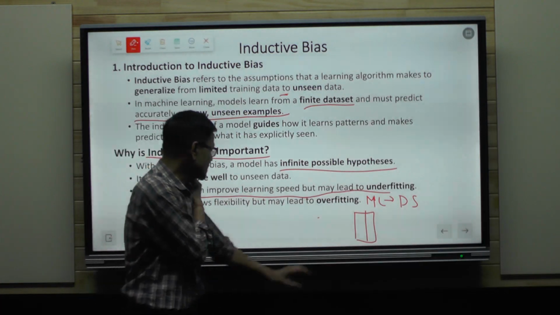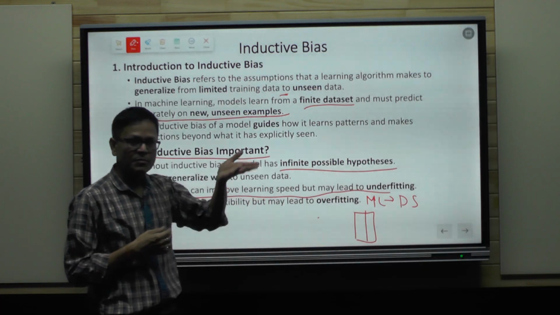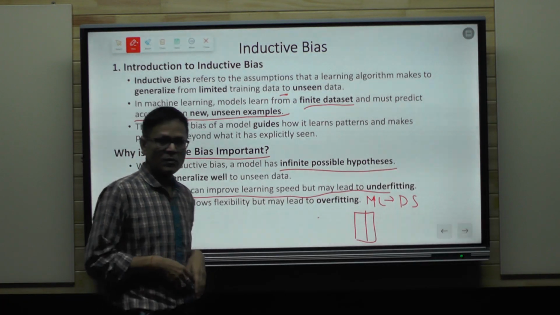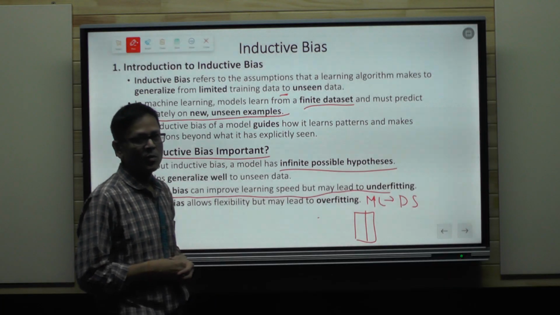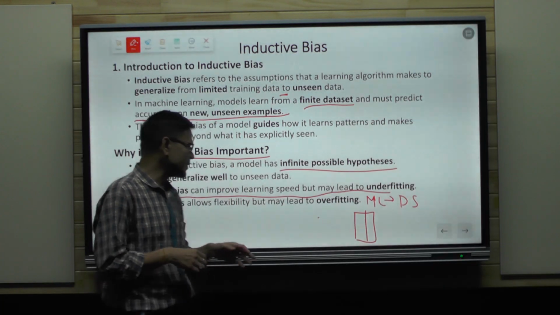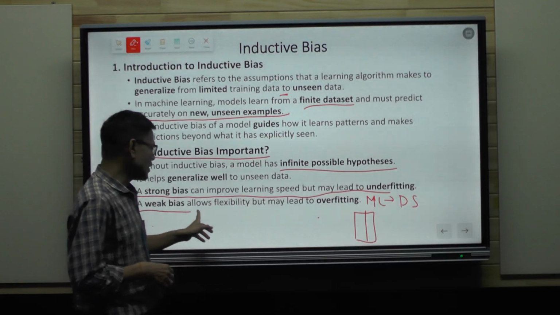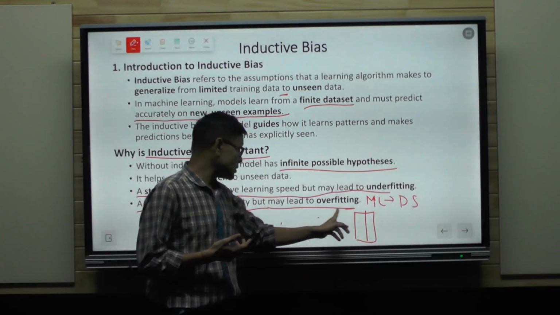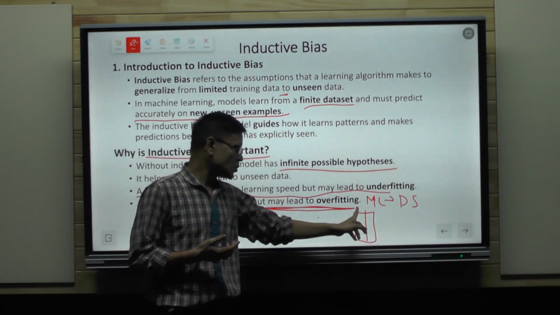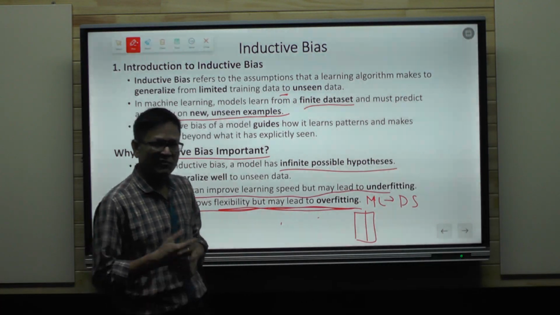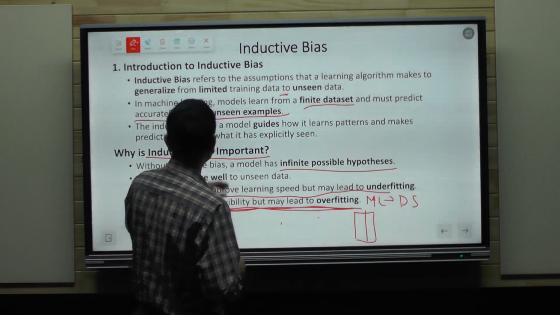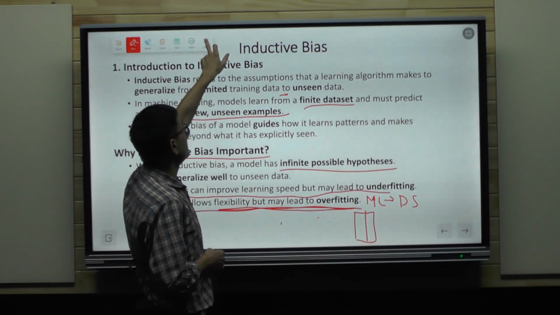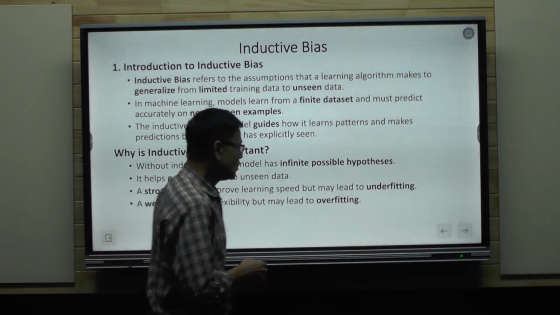If your data size is small, the time taken for learning may be very less, but you are prone to underfitting. A weak bias allows flexibility, but then you can be very specific, so you can end up overfitting. These are the problems associated with all machine learning techniques. Over there, inductive bias comes to the rescue.